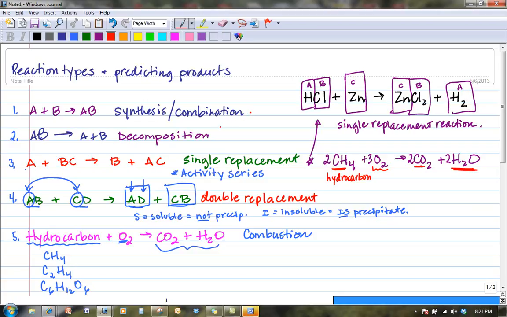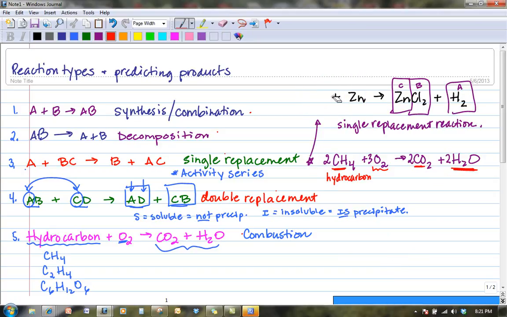Well, if I look at all of my different reactions, I see that the only kind that has a hydrocarbon plus oxygen with carbon dioxide and water as the products would be a combustion reaction. So this is an example of a combustion reaction.